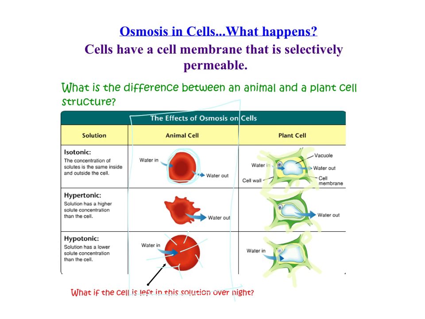We're going to use the word isotonic, and this is when the concentration of solutes is the same inside and outside of the cell. Basically what that means is that there's the same amount of whatever substance we're talking about inside and outside.